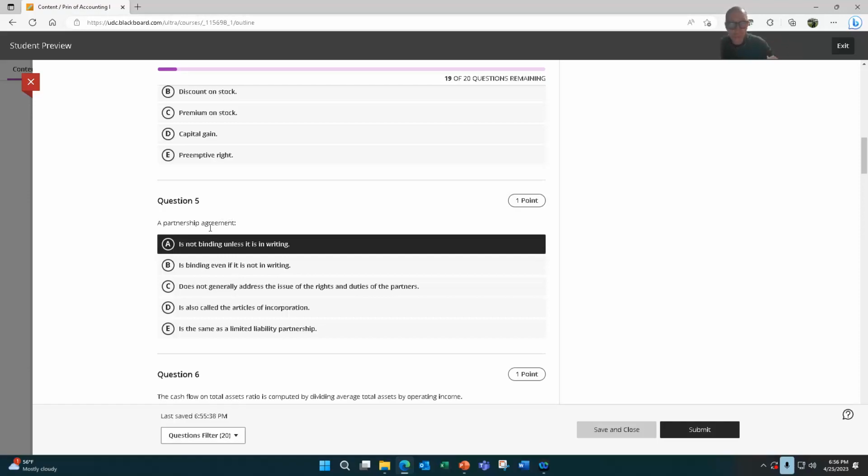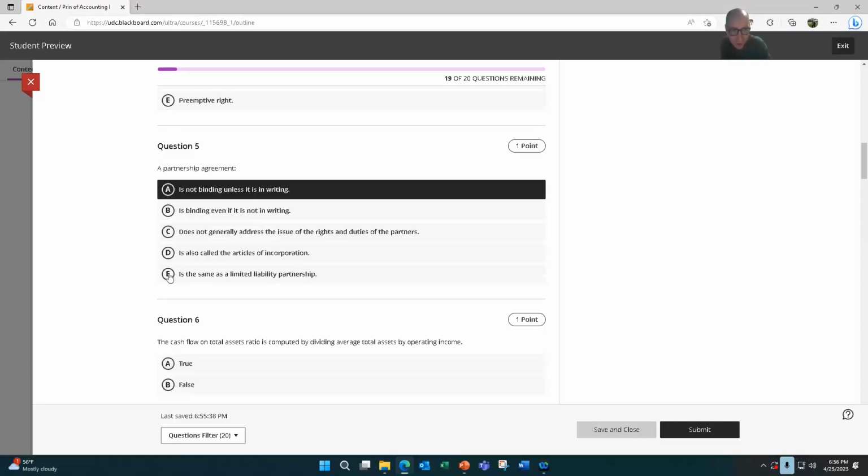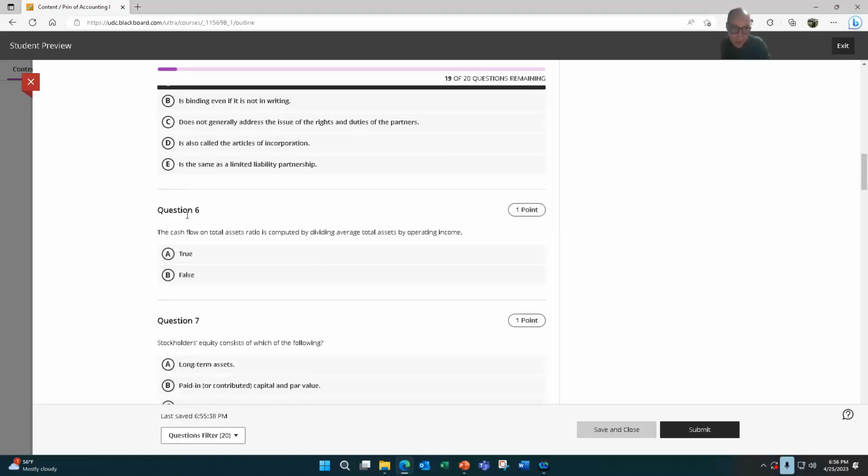Or what are the characteristics of a partnership agreement? Yeah, interesting question. Partnership agreement comes from the partnership accounting chapter.